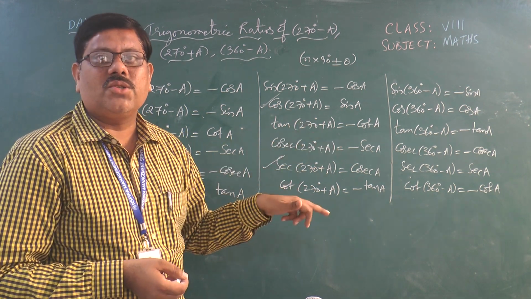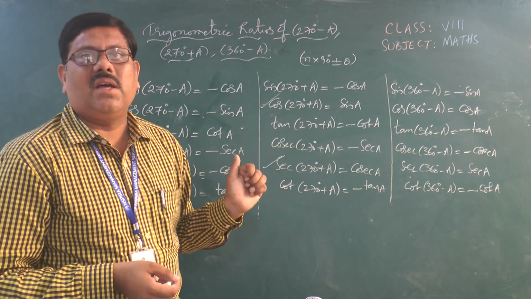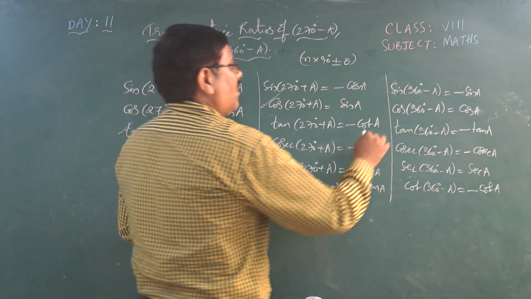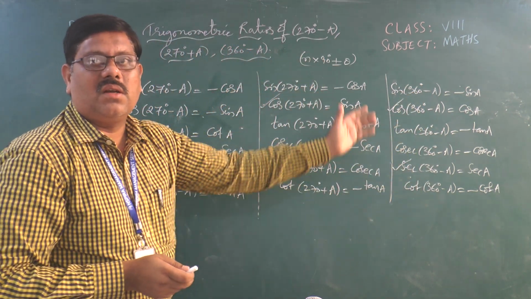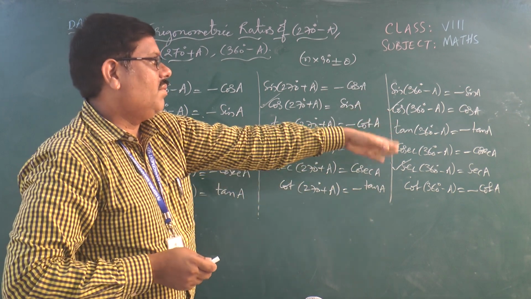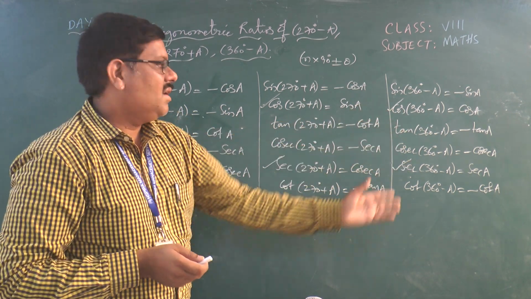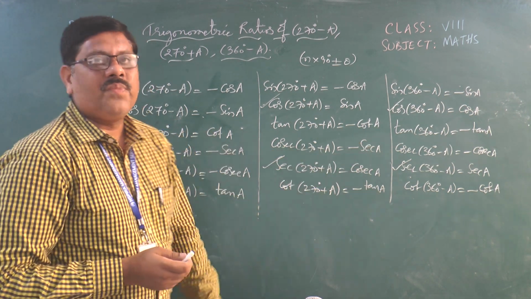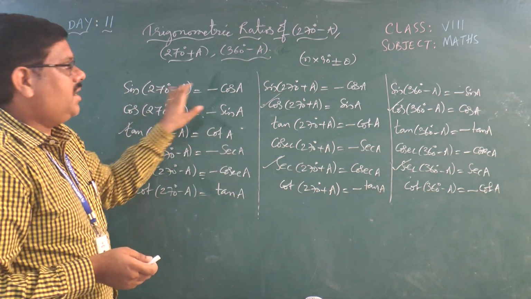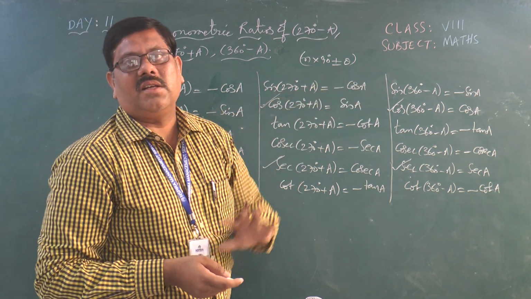So their corresponding ratios will be positive. Rest of the values will be negative: minus sine, minus tan, minus cosecant, minus cot. We can observe like that. So this is about 270 degrees minus a, 270 degrees plus a, 360 degrees minus a.